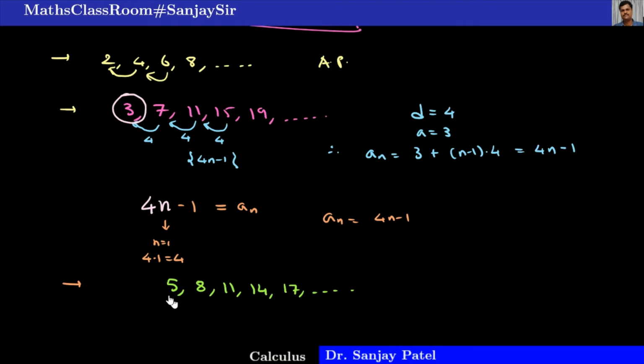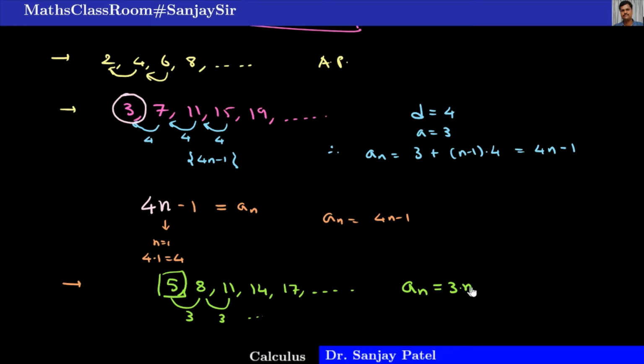Here note that the difference between two consecutive terms is 3. 8 minus 5 is 3, 11 minus 8 is also 3, and so on. So if you want to write the nth term directly, you can write a_n is equal to the common difference 3 multiplied with n, so 3 into n. Now put n equal to 1 here, so a_1 is 3 into 1, that is 3 only, but we want 5 as the first term.